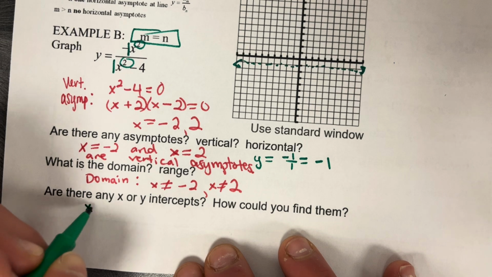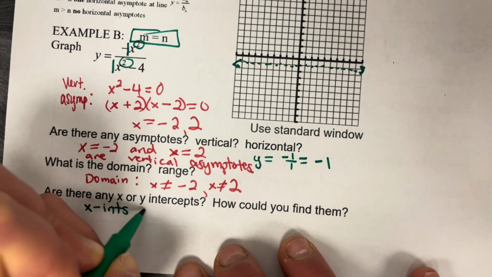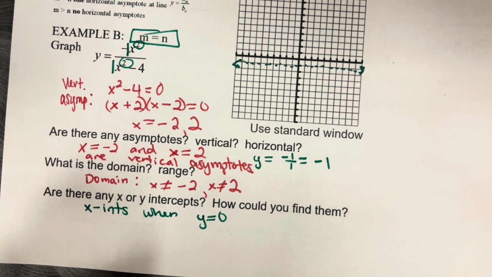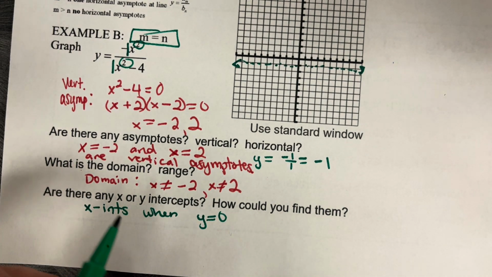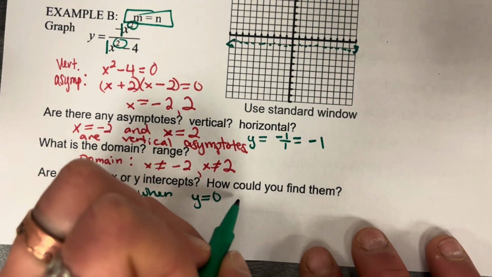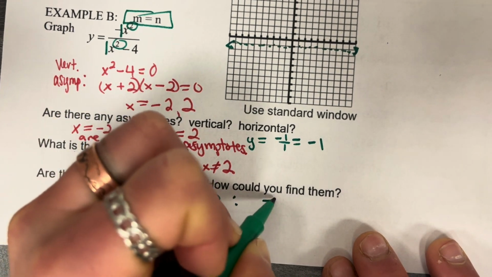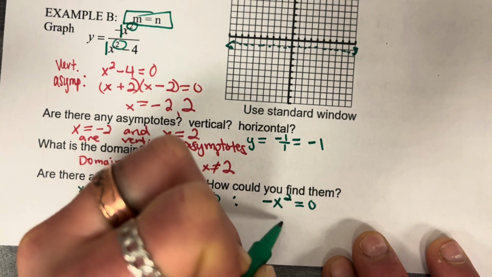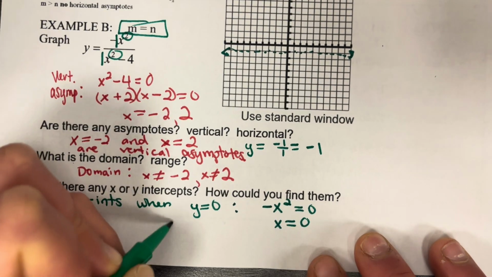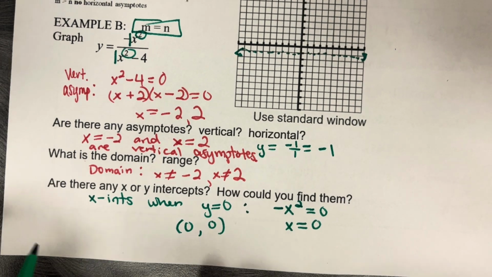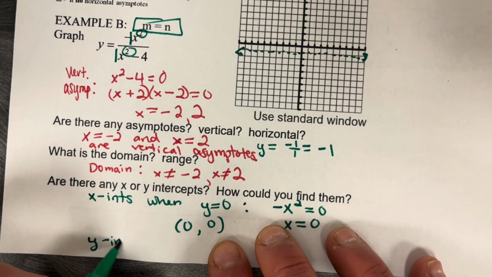And then x-intercepts and y-intercepts. X-intercepts are when y is equal to 0, and that's when the top is 0. -x squared equals 0. Well, that happens when x is 0. So 0, 0. And by finding our x-intercept, we actually just found our y-intercept too.